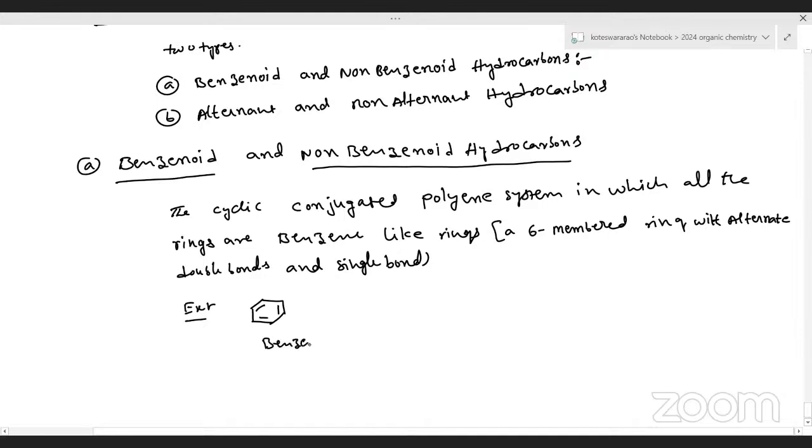The benzene-like structures, like naphthalene. You get here, this is the naphthalene. Next, anthracene, where the three benzene rings are fused together.